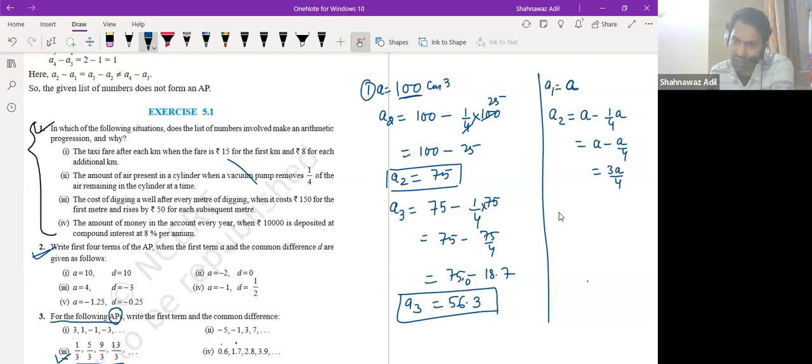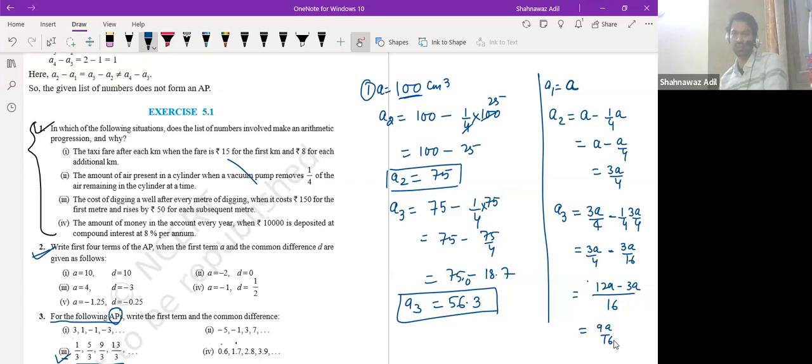Then for the third, you have this much air present, and you remove 1 by 4th of it. So this would be 3A by 4 minus 3A by 16, which is 12A minus 3A over 16, so 9A by 16.